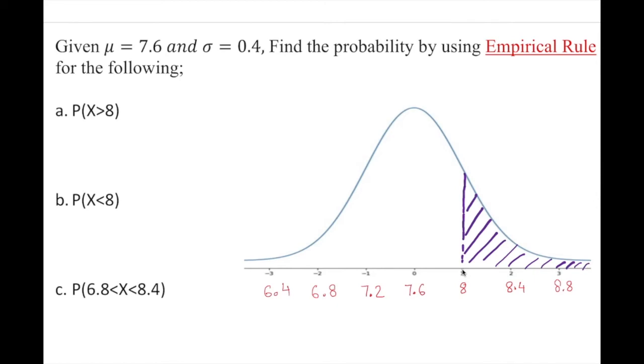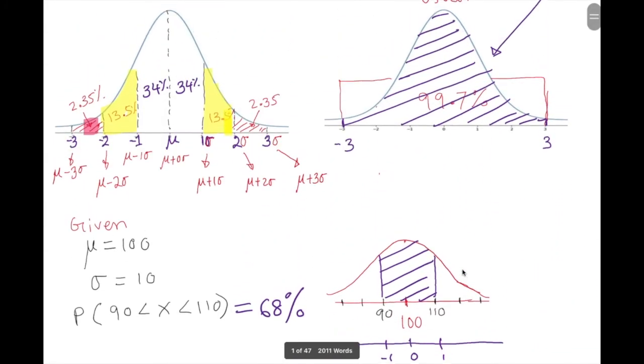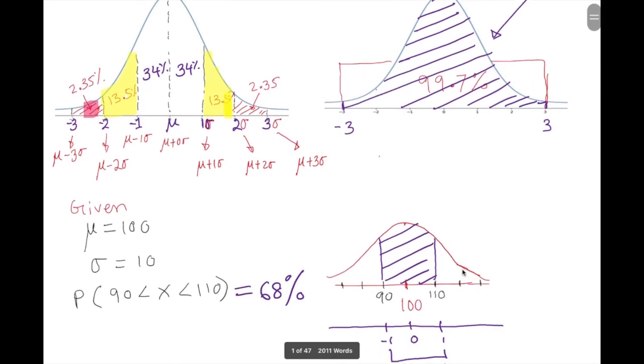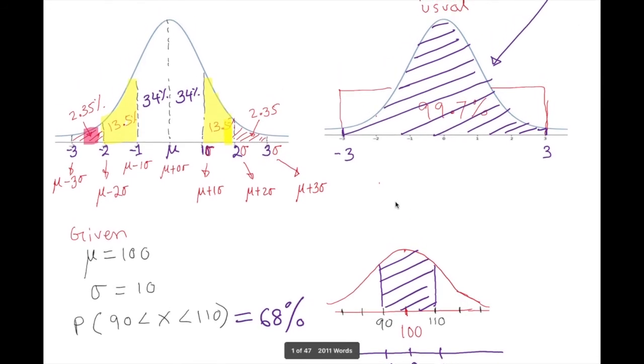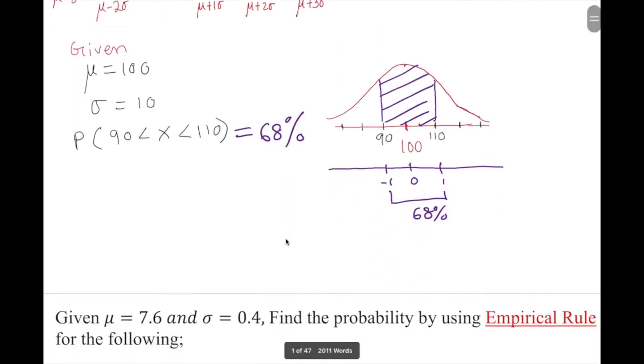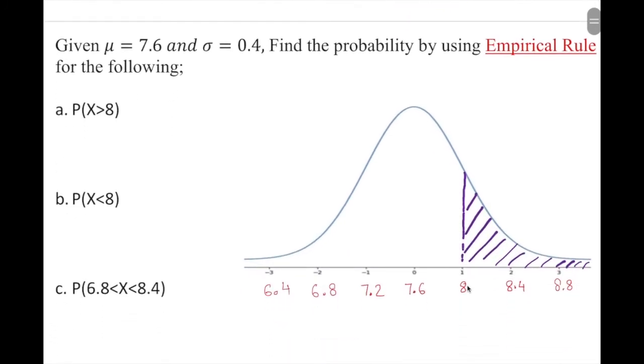So notice that we already mentioned up there all the sectors. So if we eyeball this one, we know this is basically, well, you can create the whole thing again, or you just look into that. So that falls into what? I have 1 standard deviation all the way to 3 and more.